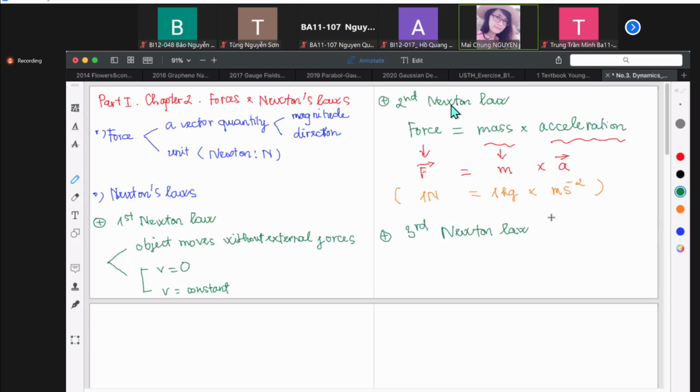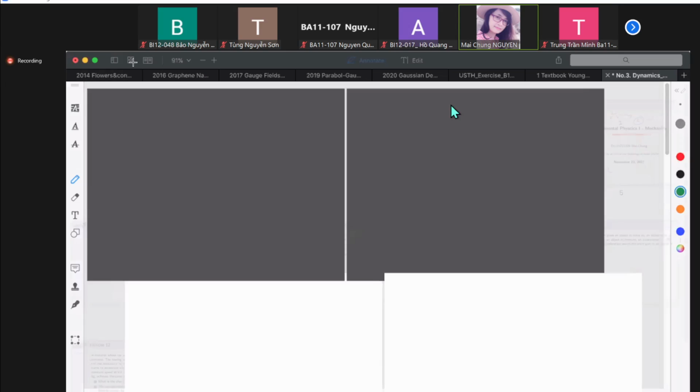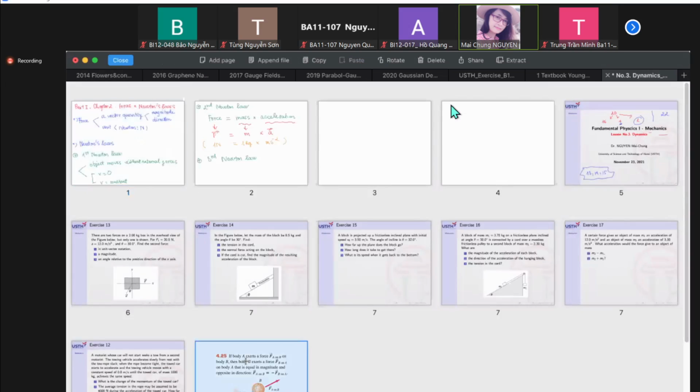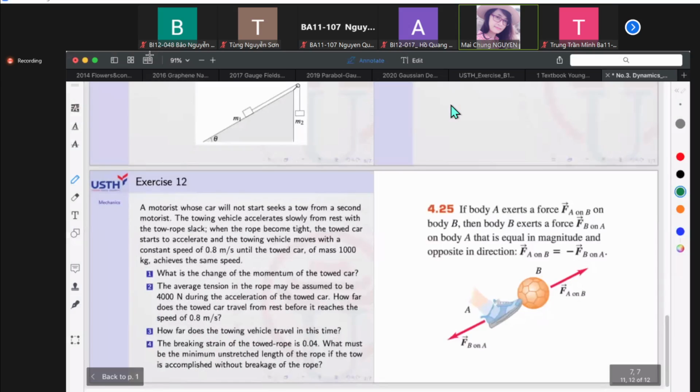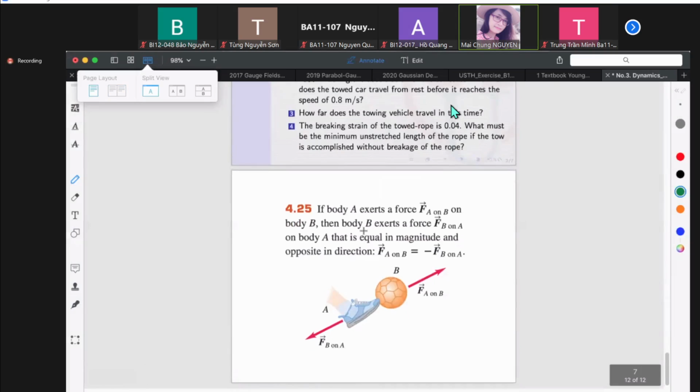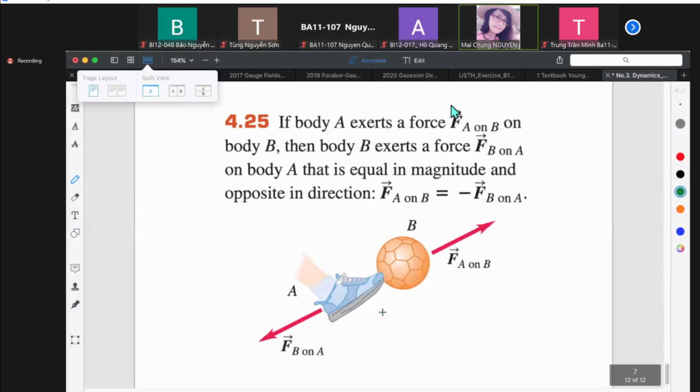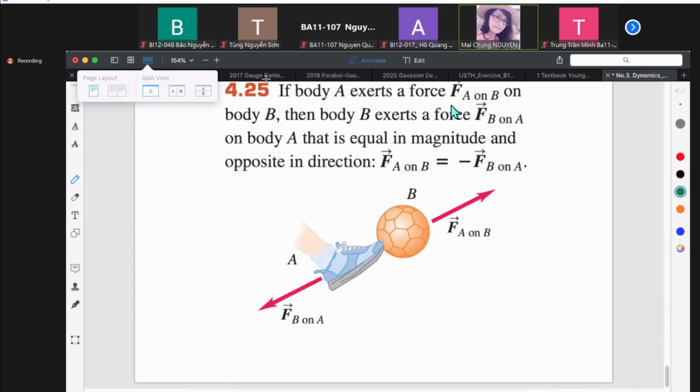To understand the content of the third Newton law, please take a look at the figure here. In the figure, I consider a bone and a leg like this.